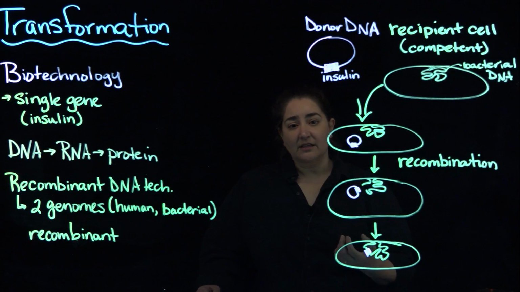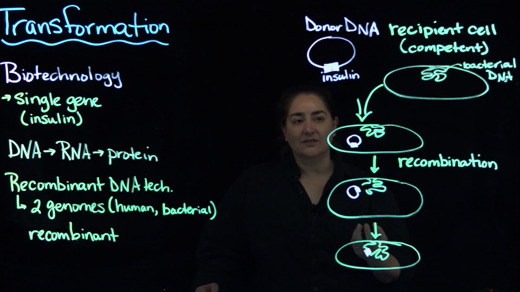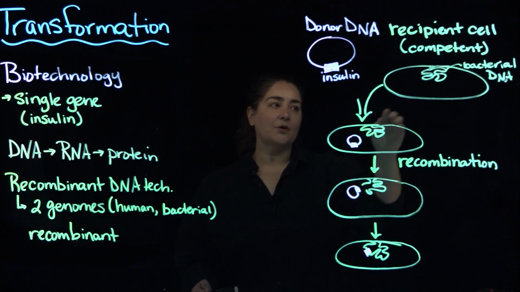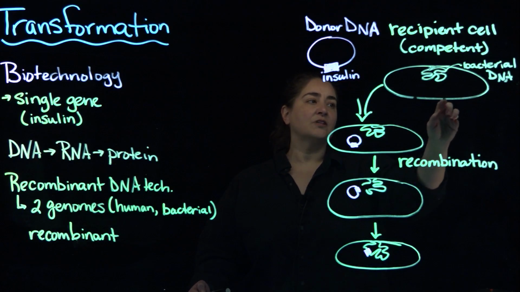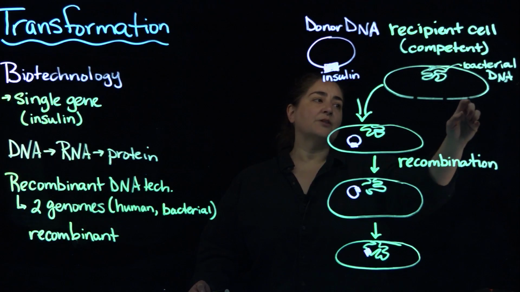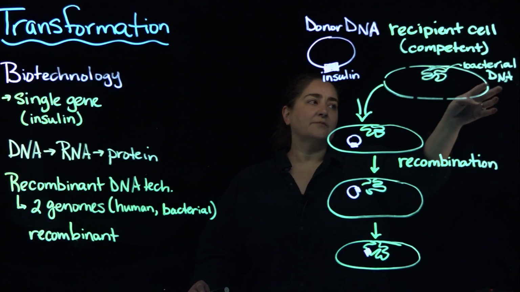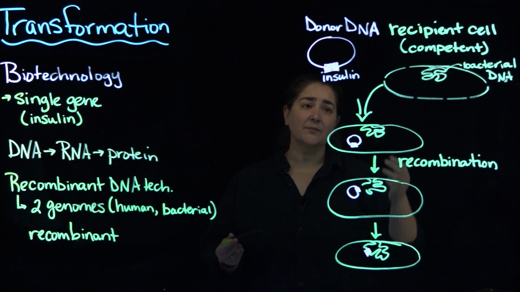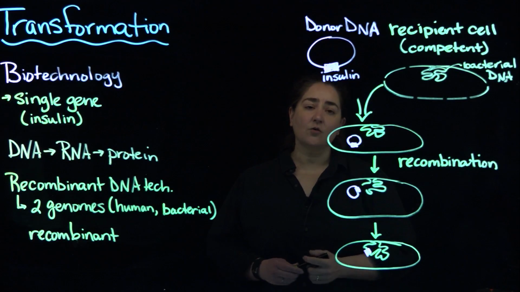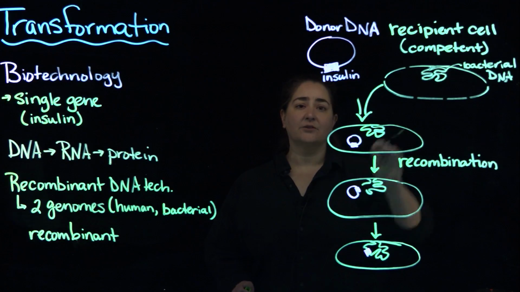So in the biotechnology world, what they do to make cells competent is they poke teeny tiny holes, and I'm going to make these holes certainly much bigger than what they would be in reality. Those teeny tiny holes are induced into the bacterial cell.